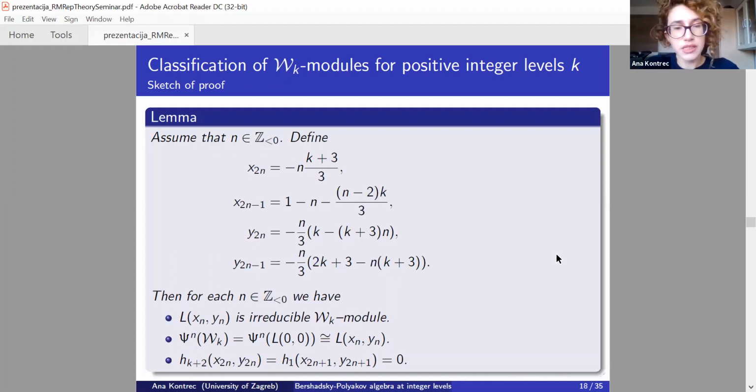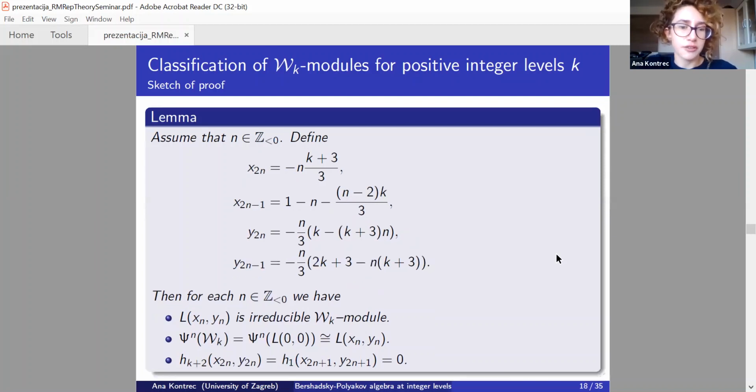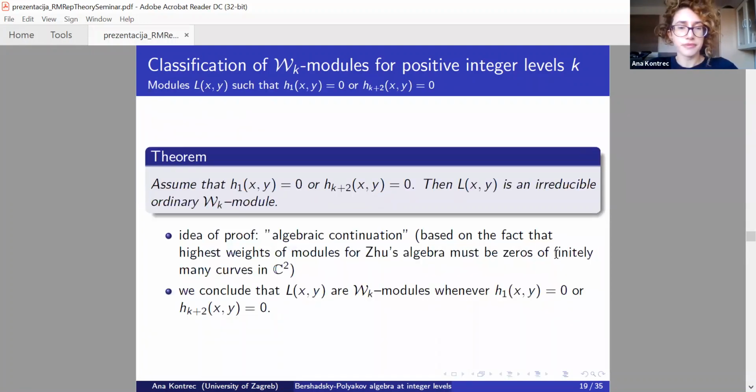So we do this in one direction and then in the other direction. So we do this for n greater than 0 and for n less than 0. And in this way, we obtain a family of simple current modules. Okay.